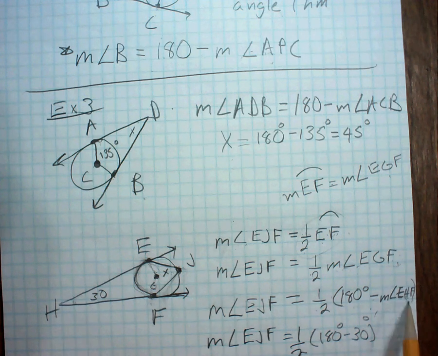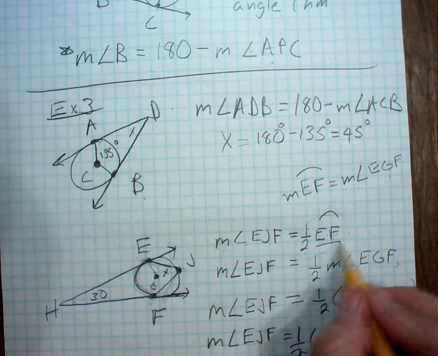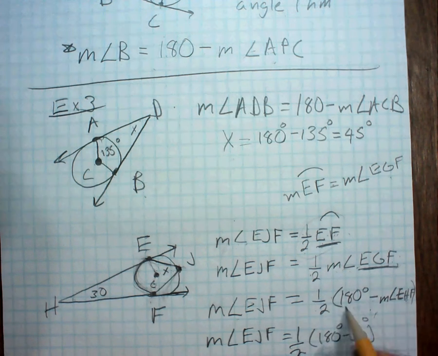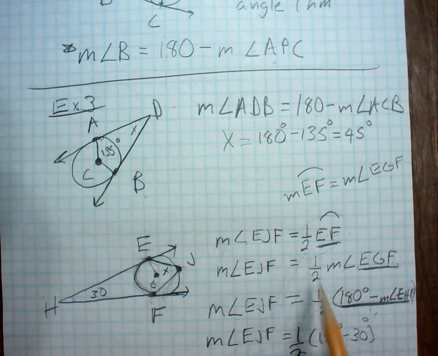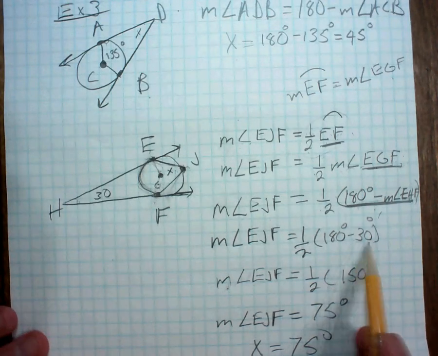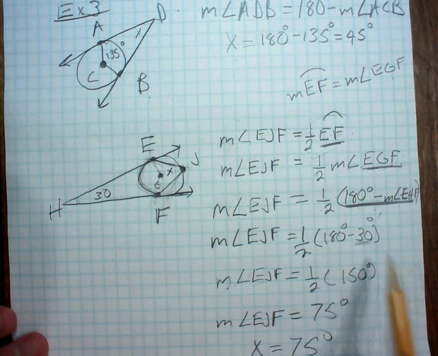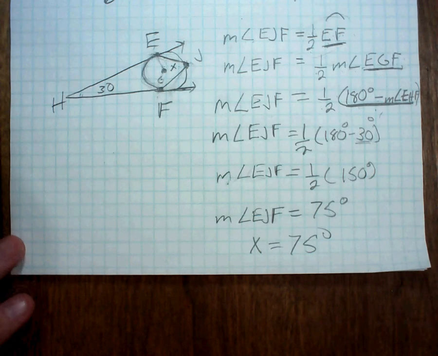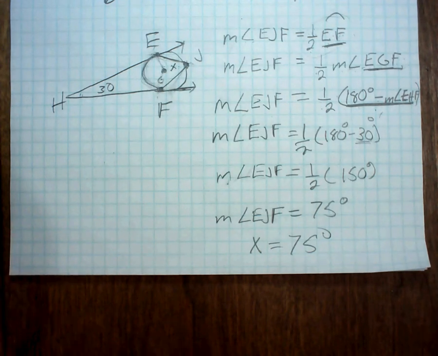So I plug that in here, and the 1/2 just remains on the outside. Well, I know the value of this angle, so I'm just going to plug it in, and then from there, I just do the math. Okay? That was a good problem.